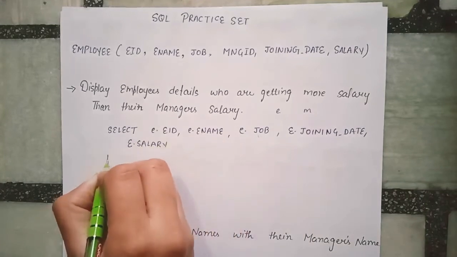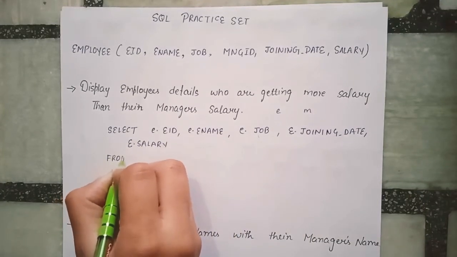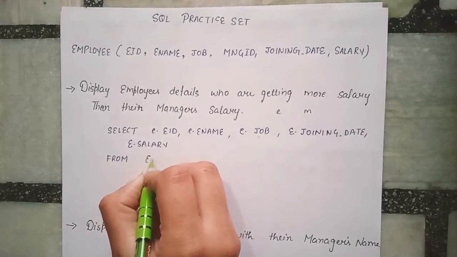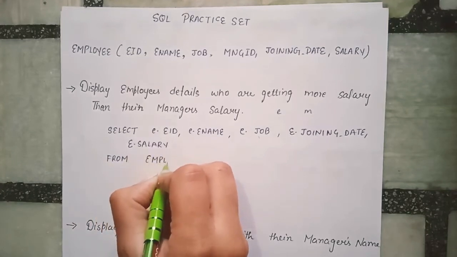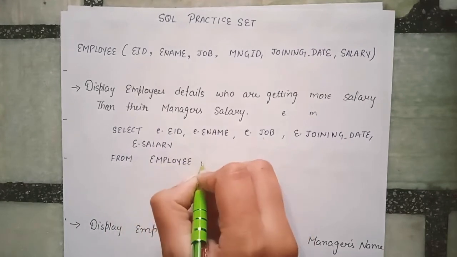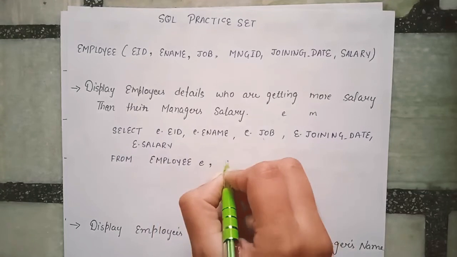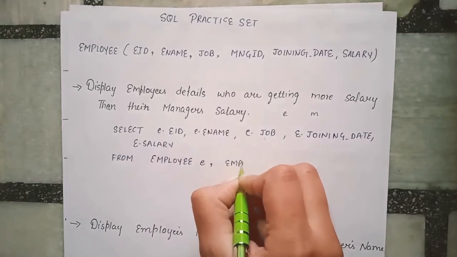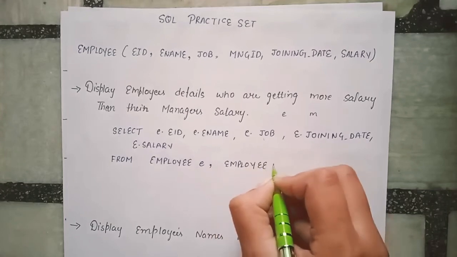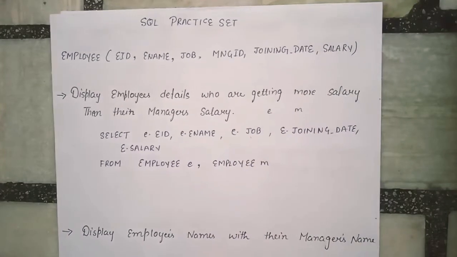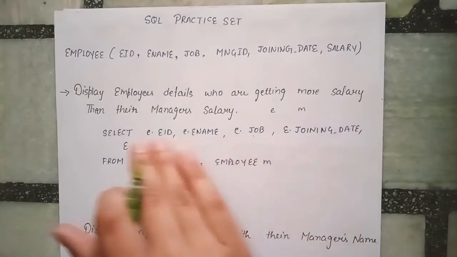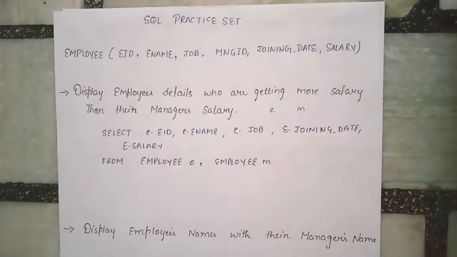From, as I told you, we made two objects. The table is the same, that is the employee table. So one object is E, and the second object is employee M. Now we will specify the condition on the basis of which we want to select these details. So what is the condition?